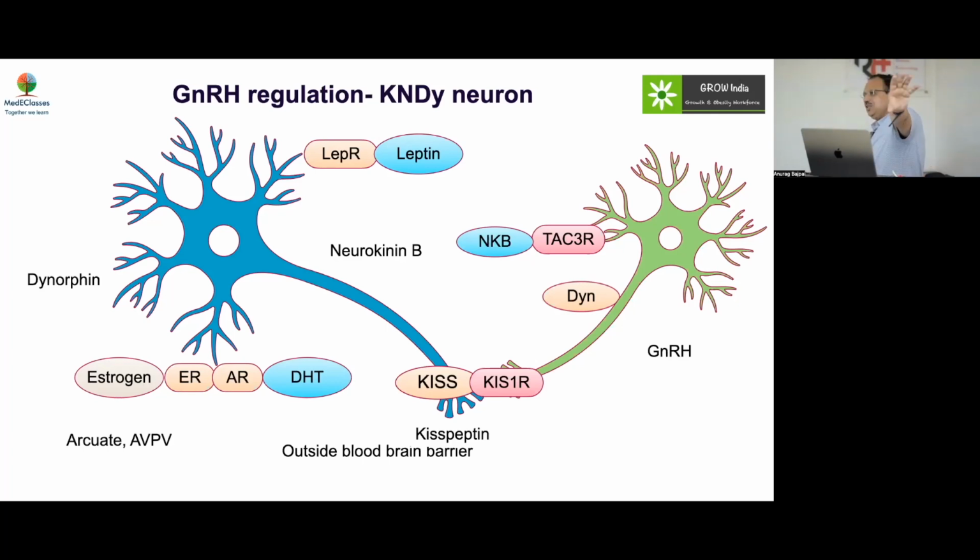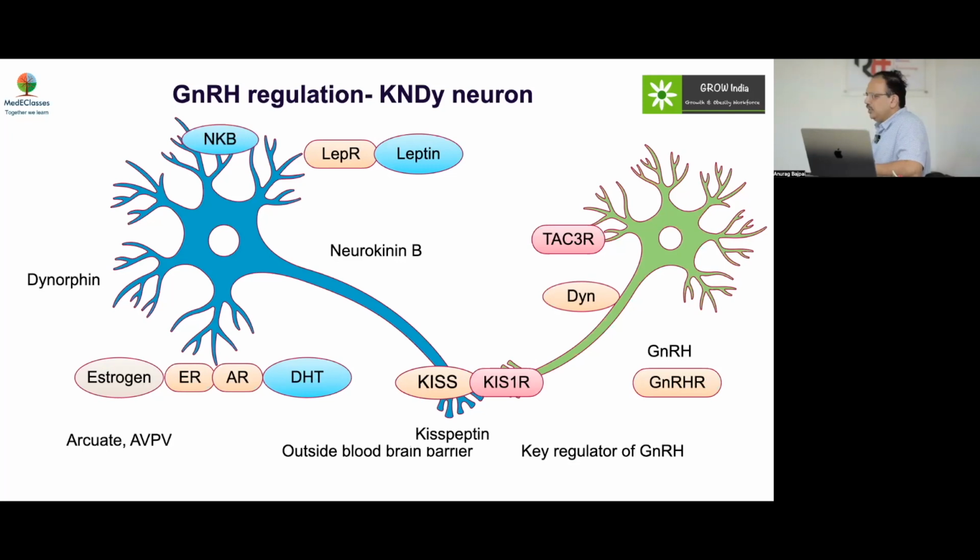So those genes are different, these genes are different. So when you classify, earlier people used to say normosmic hypogonadotropic hypogonadism and anosmic hypogonadotropic hypogonadism. So this is something to keep an eye on from that perspective, and neurokinin B will also have an autoregulatory effect on that. So kisspeptin and overall the KNDY neurons are the most important regulators of GnRH, so to speak, from that perspective.